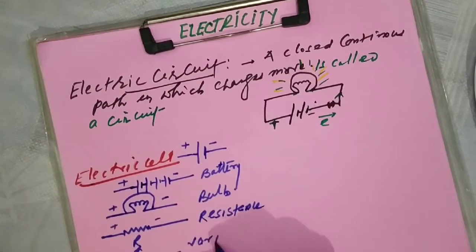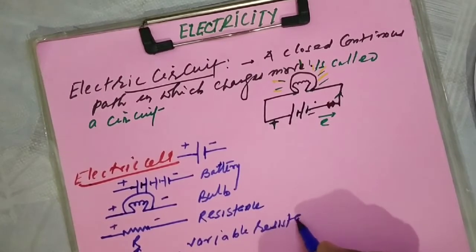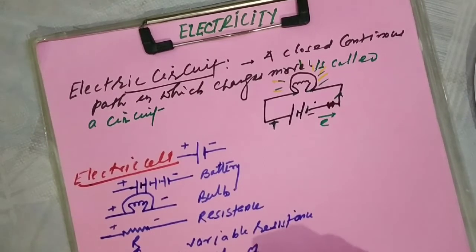Symbol of variable resistance or rheostat.